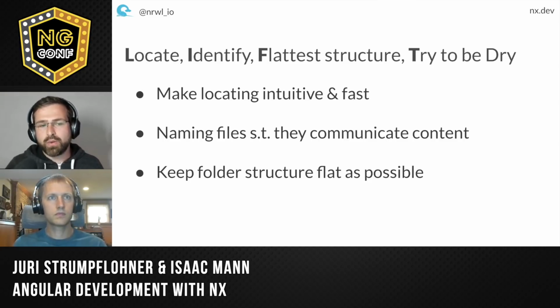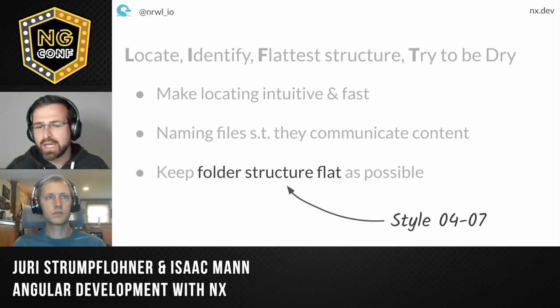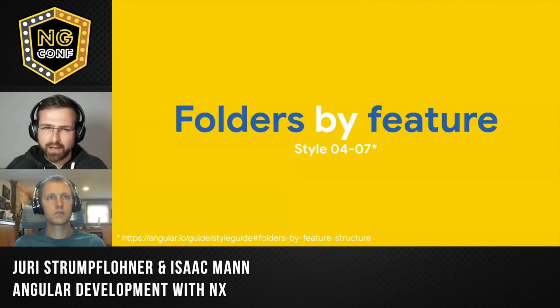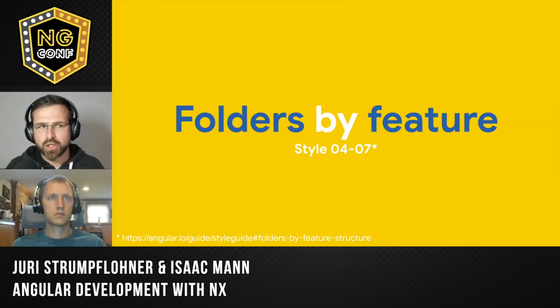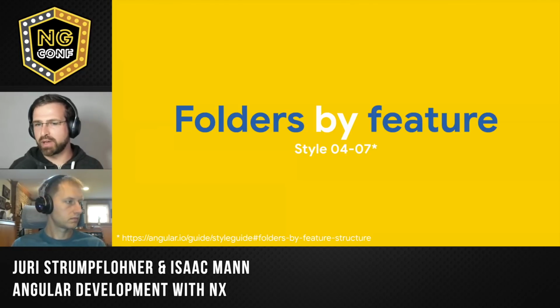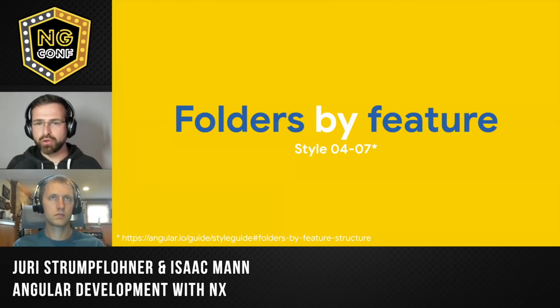And so especially when we talk about folder structure and flat folder structure, there's another style that comes into play, which you might have heard about, which is folders by feature, right? Some people that have maybe been around in the AngularJS days, at the very beginning, what you did is not folders by feature, but rather the suggestion there was to structure them according to the file type, right?